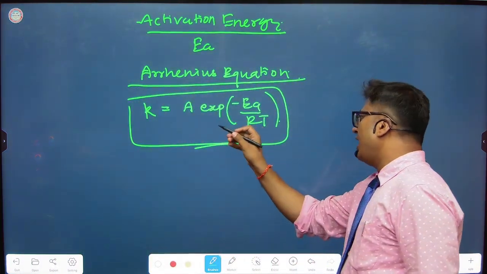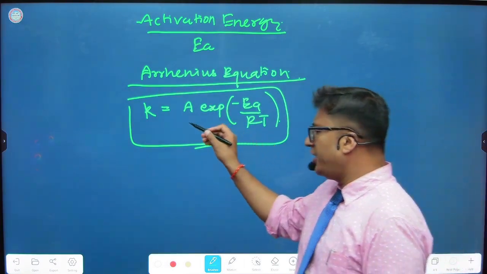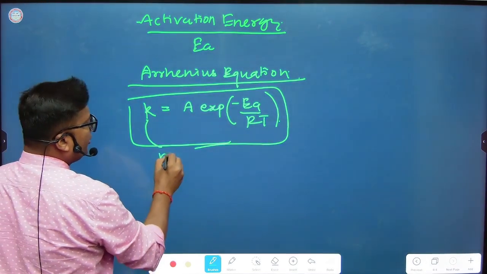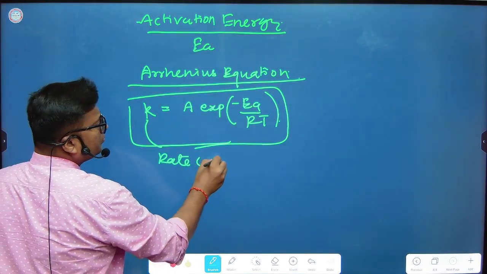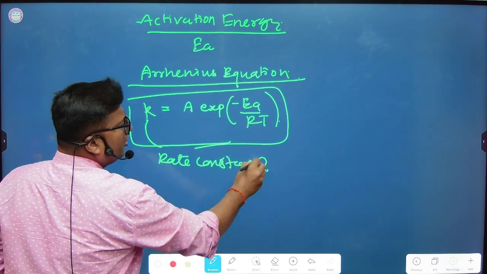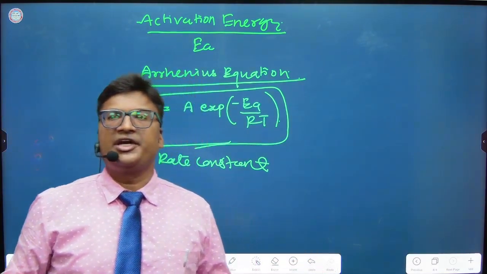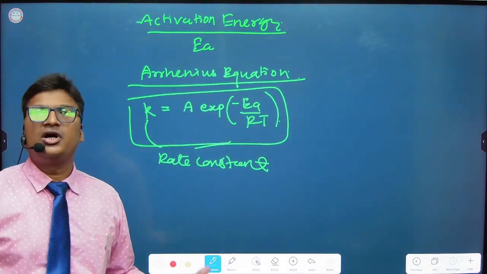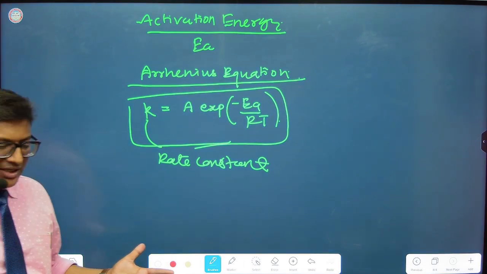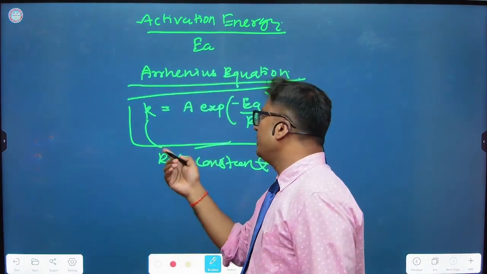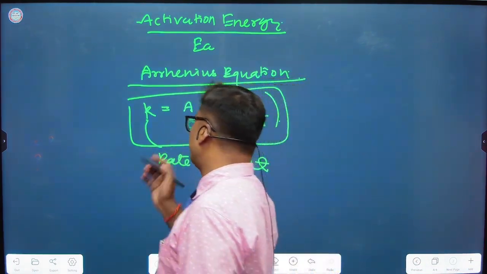Mathematically it can be written as follows. Here K is the rate constant of a particular kind of reaction. The rate constant may be for first order, second order, or third order reactions. Depending on the type and order of the reaction, it can have different units, right?